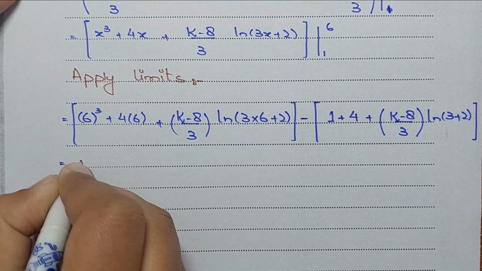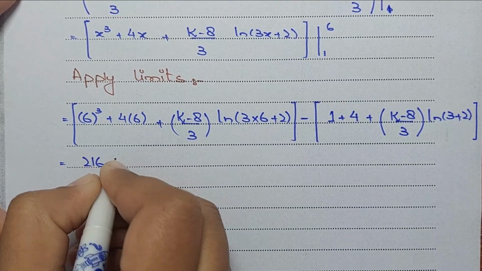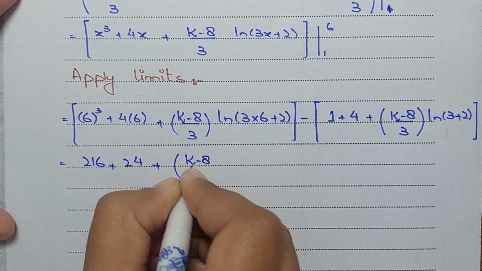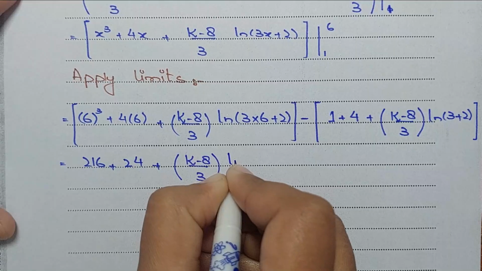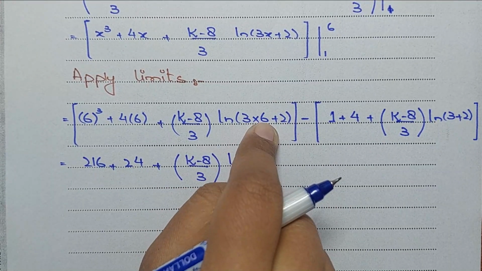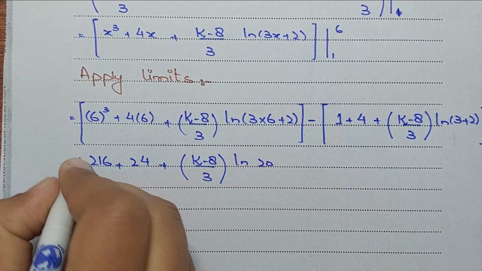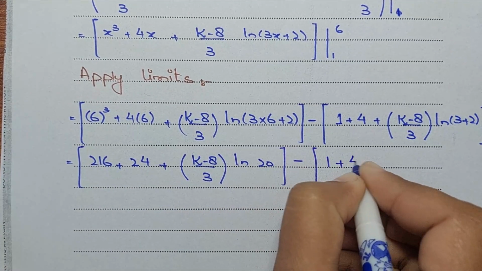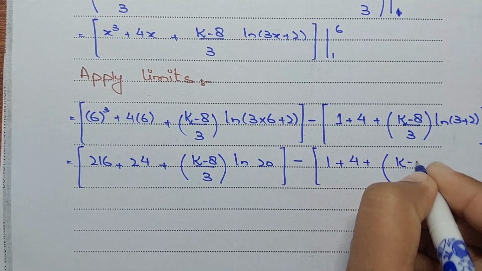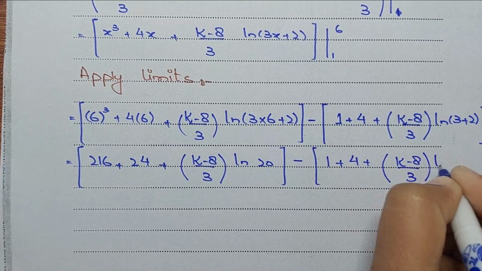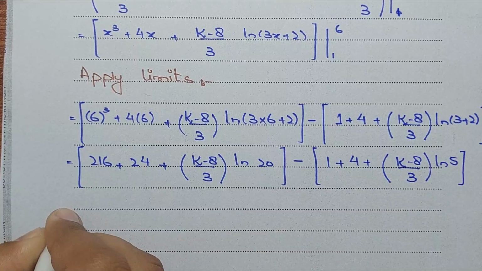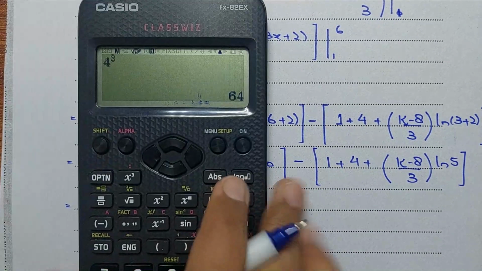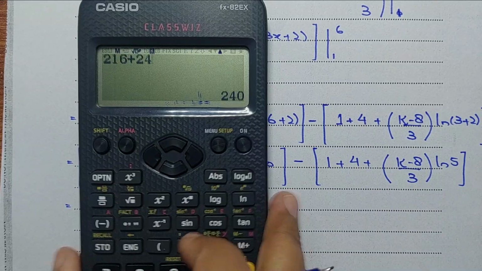Right. 6 cube is 216. 4 times 6 is 24. K minus 8 over 3, natural log of 3 times 6 is 18, and 18 plus 2 is 20. Subtract the lower limit, which is 1 plus 4 plus k minus 8 over 3, natural log of 5. Okay, 216 plus 24 is 240.